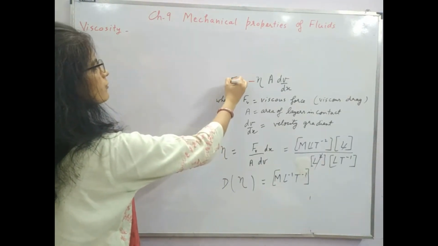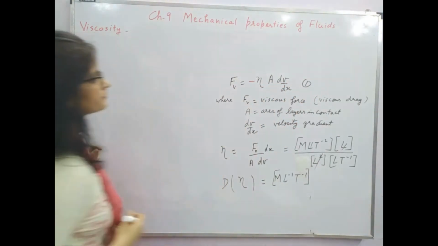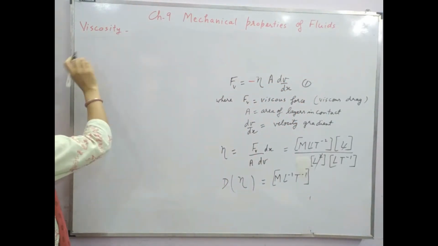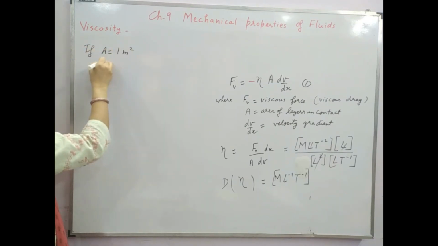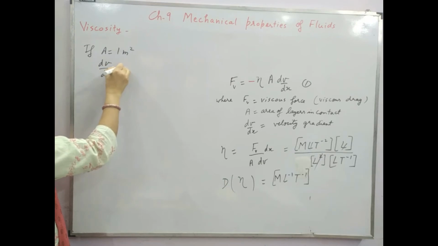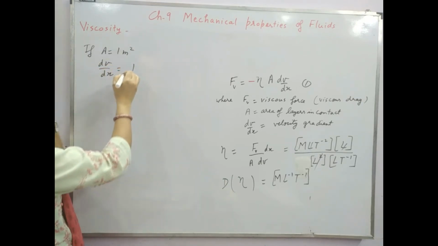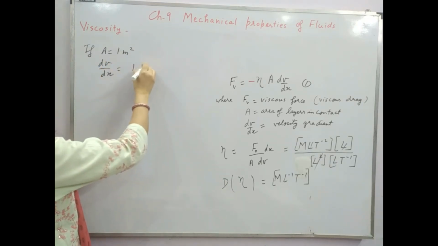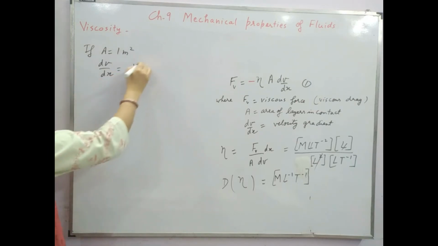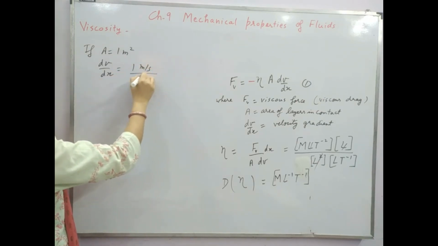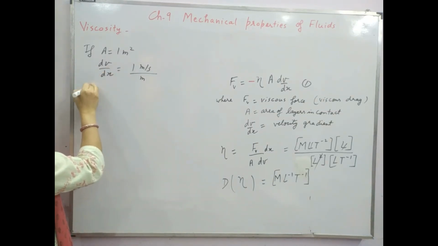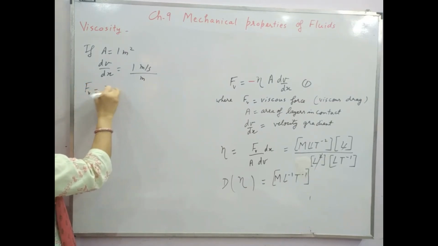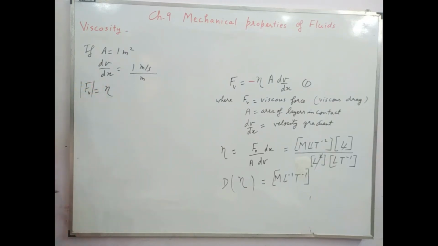So from equation 1, if A is equal to 1 meter square and dv by dx is 1, which is 1 meter per second upon meter, then Fv will be equal to the coefficient of viscosity numerically.